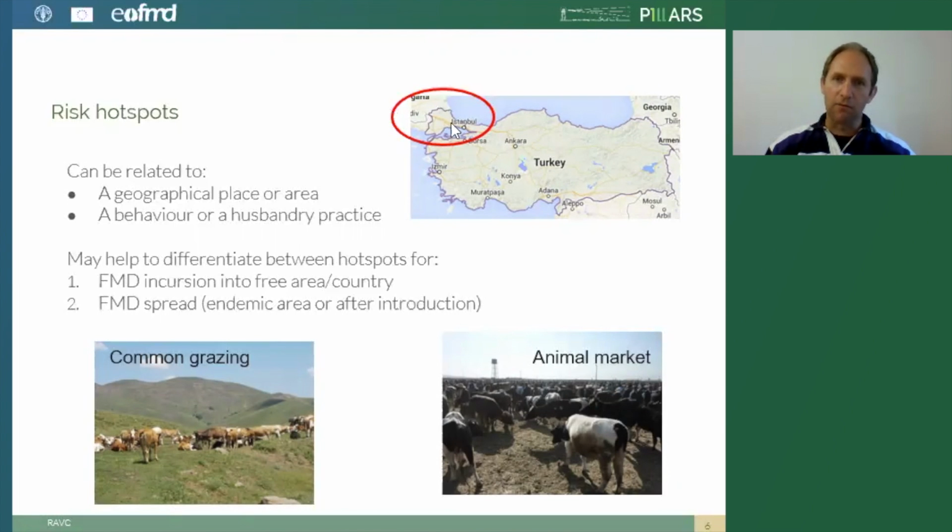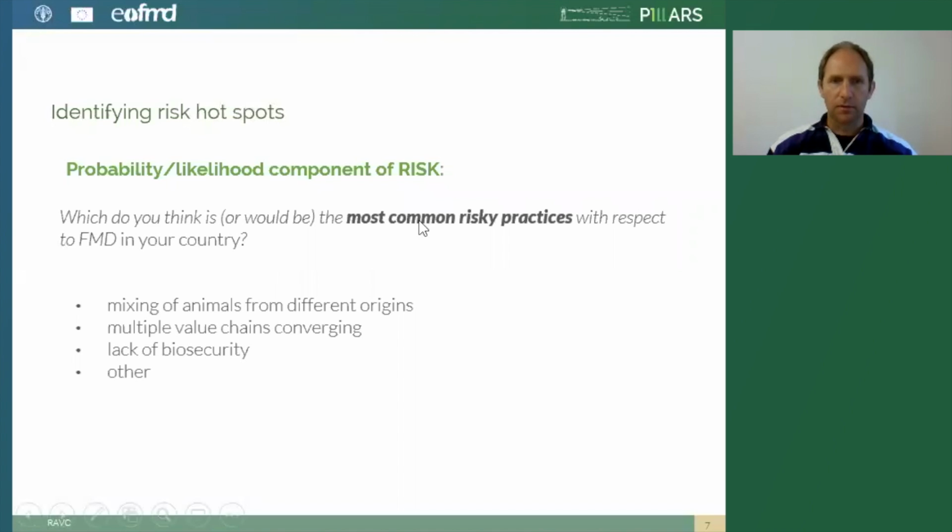And in this movement, again, we're also going to be particularly concerned about risks of foot and mouth disease entering a free zone up there in the northwest Thrace. So when we're looking at foot risk hotspots, we will look at the probability or likelihood of foot and mouth disease transmission or impact occurring.